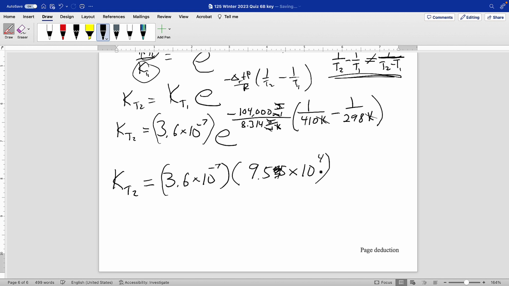So if we multiply that by 3.6 times 10 to the negative 7, we get 3.44 times 10 to the negative 2. If we wanted to, we could just write that as 0.0344. So that's our new value for K at our new higher temperature. And notice it is a much larger number, which is what we predicted at the start.